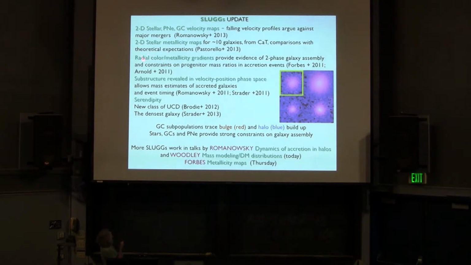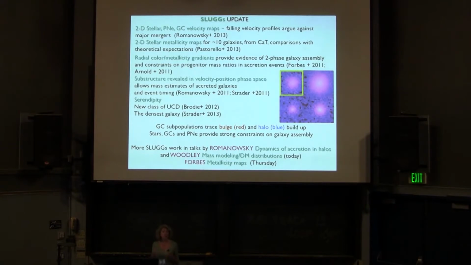We also have two-dimensional stellar metallicity maps for about 10 galaxies so far, more to come, from calcium triplet observations, and they're being compared with theoretical expectations as well. That's work led by Nicola Pastorello. We've looked at radial metallicity gradients in galaxies, evidence for two-phase assembly again.